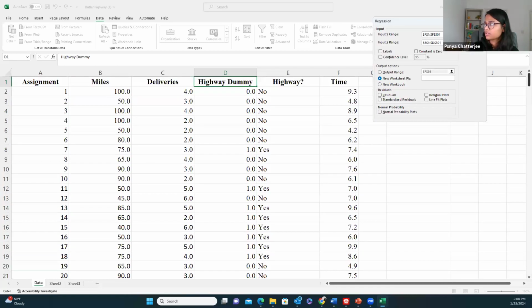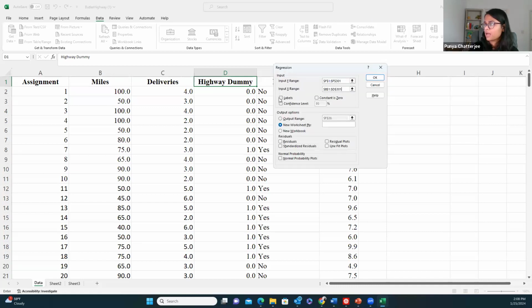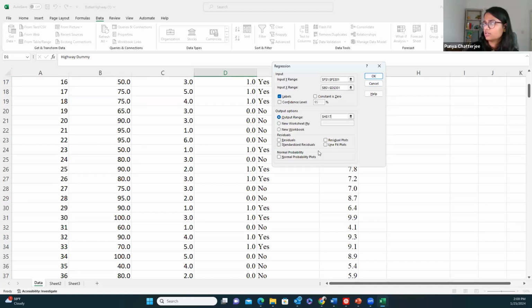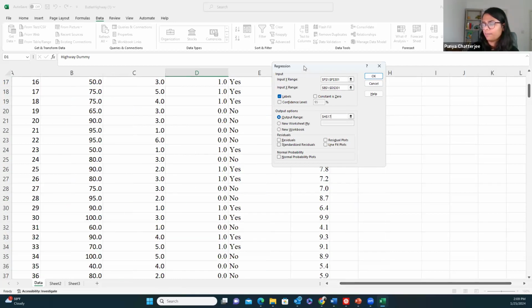Did I select labels? So should I check on labels or not? Yes, right? We should check on labels. And then I'm gonna use my output range as right here. And then just keep everything else and then hit OK.